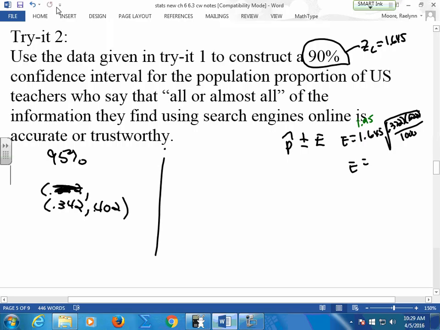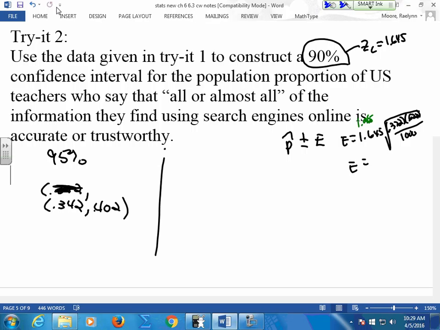So what's your margin of error for this guy? And so my margin of error would be... That's not try it one. Oh, this is not try it one? Oh, my mistake.